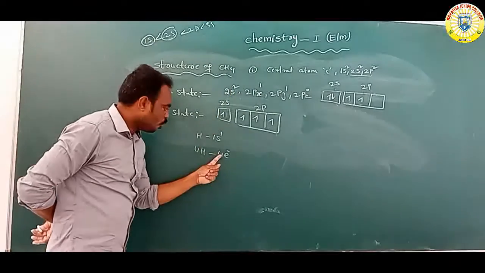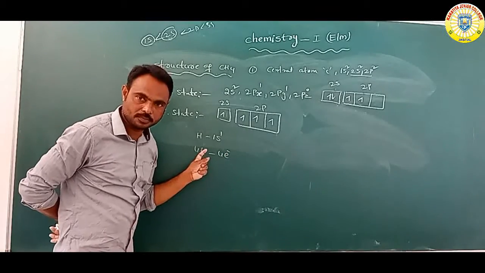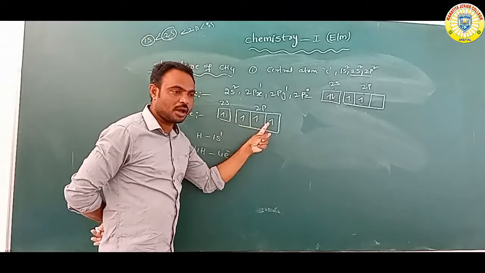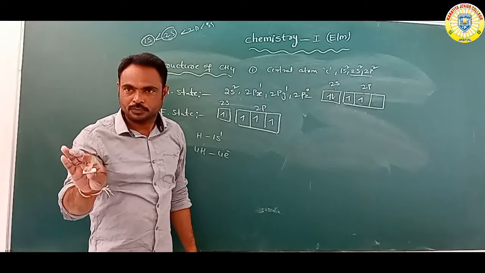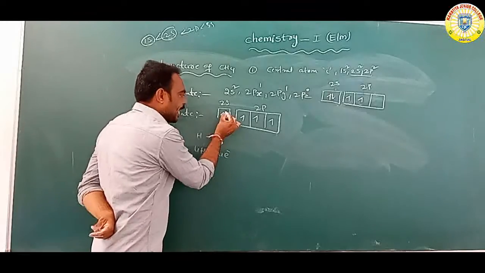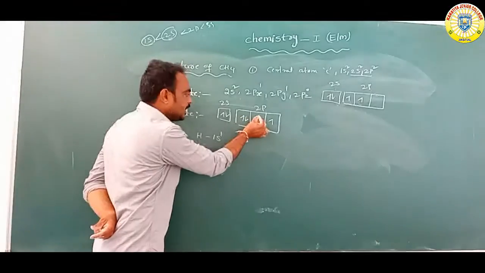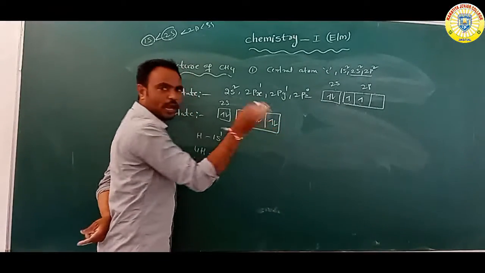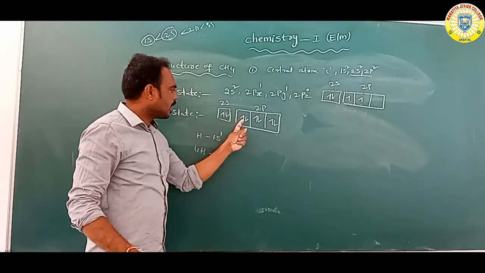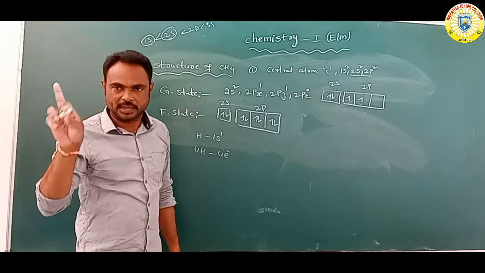Okay, 4 single electrons of 4 hydrogen atoms bond with 4 single electrons of the carbon atom to form methane. Each hydrogen contains a single electron, and that electron pairs with a carbon electron to form methane.